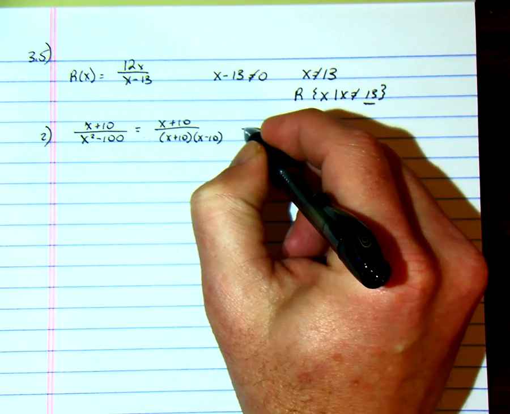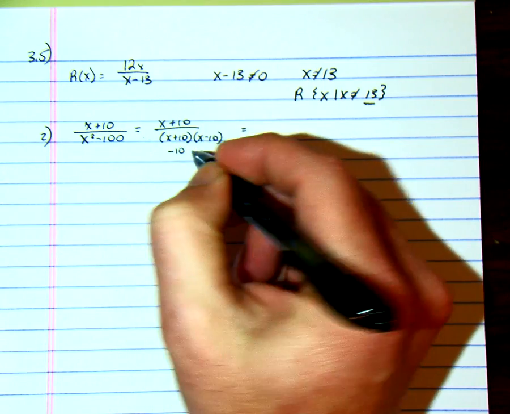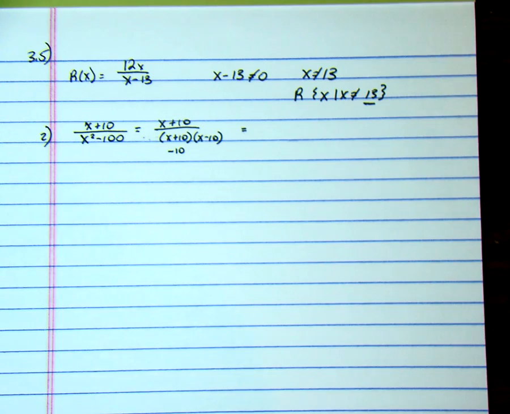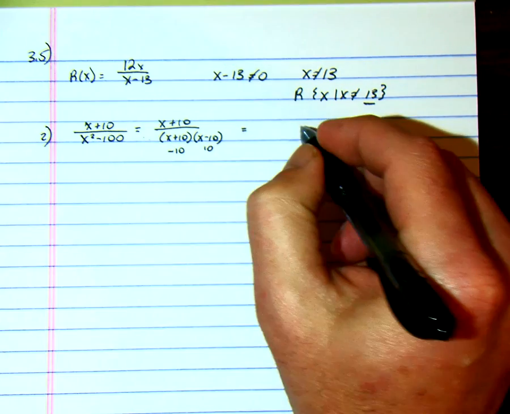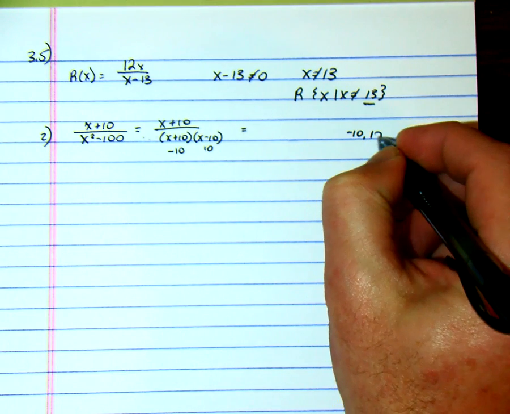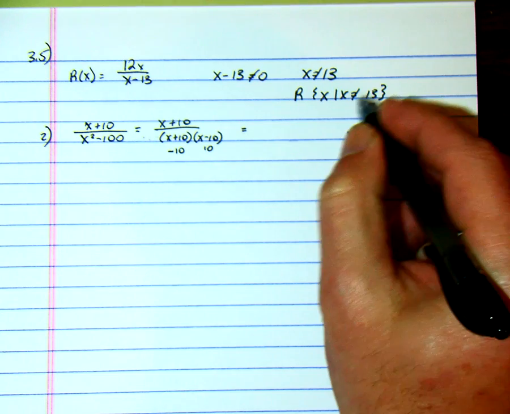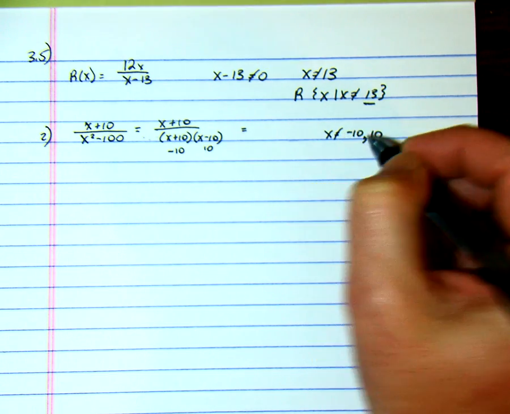And so now we're going to go ahead and find the domain restrictions now. So I have a domain restriction here of negative 10 because that causes that parenthesis to go to 0. 10 is going to take that one out. So that means that we're going to eliminate negative 10 and 10. We'll just separate those by commas. So it's going to have the same notation as the problem above it. X cannot be equal to negative 10 and 10.